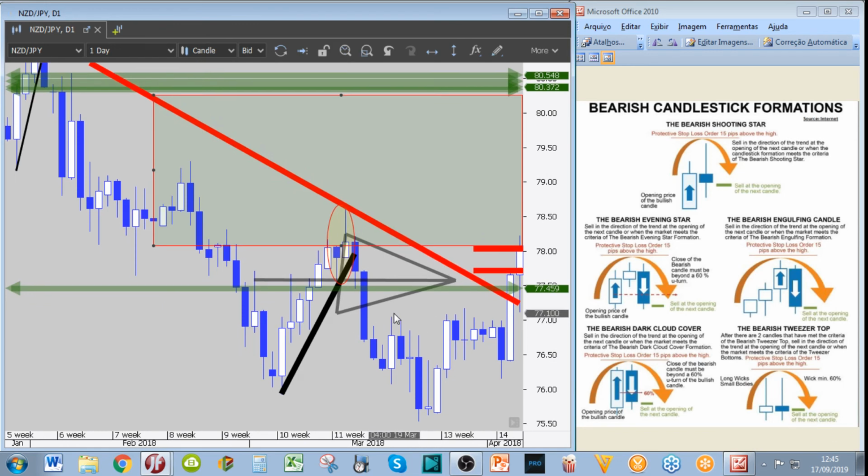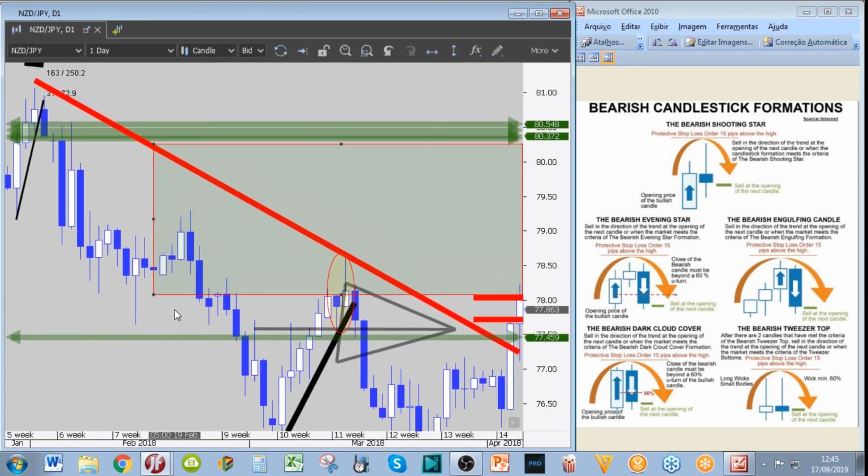Any questions so far? We are trying to show you how to sell bearish candlestick formations in a downtrend. We are trying to show you different techniques about the stop loss with the take profit and everything.